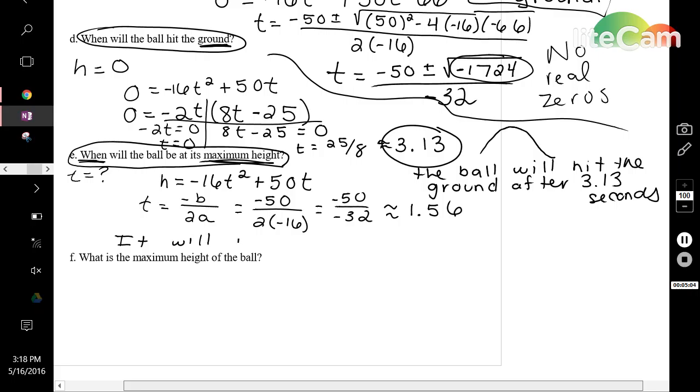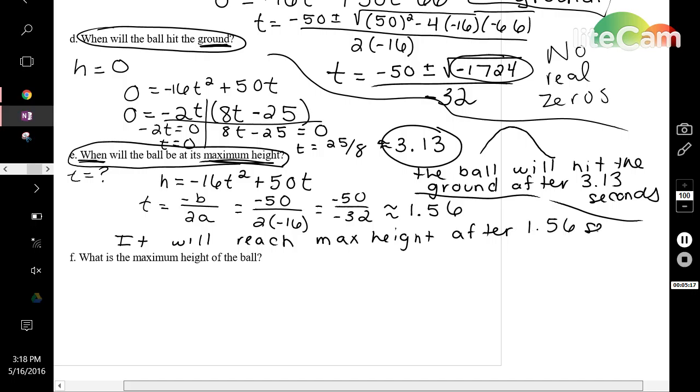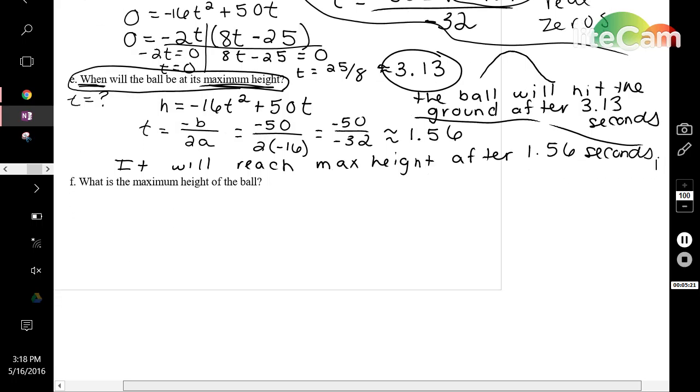So when will the ball be at its maximum height? It will reach max height after 1.56 seconds. We're finally at the last one, which is just asking, what is the maximum height of the ball? So we're going to take the t value from the problem before, so t is going to be 1.56.